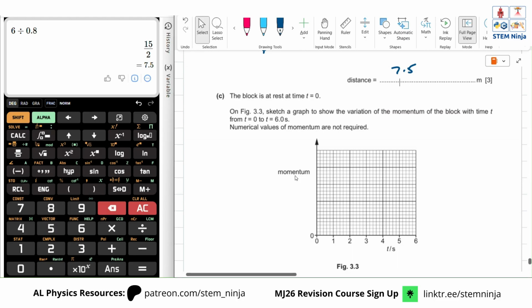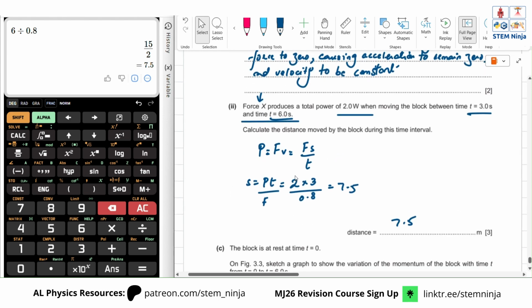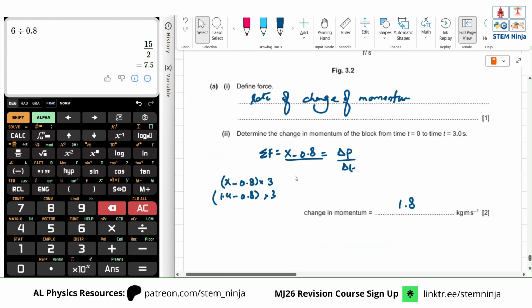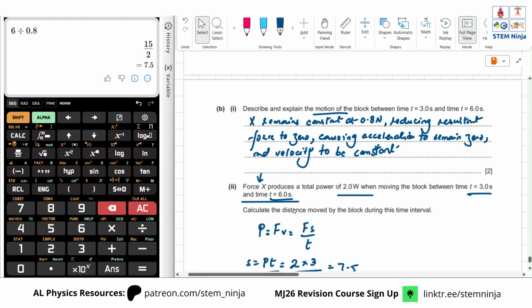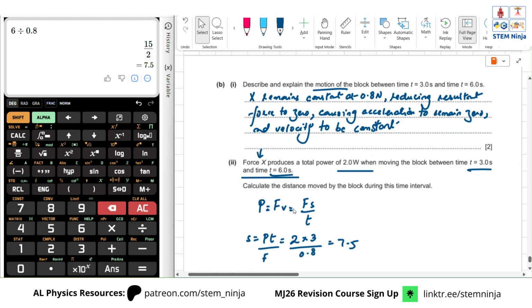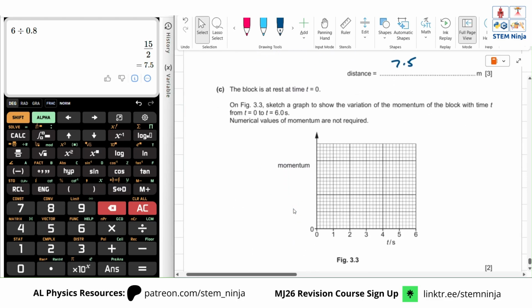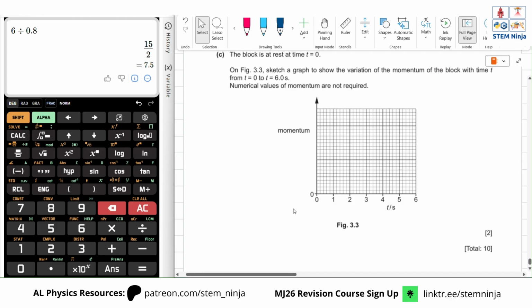Figure 3.3, sketch the graph to show the variation of momentum of the block with time t from time t is equal to 0 to 6 seconds. Numerical values of the momentum are not required. Change in momentum from t is equal to 0 to 3 seconds was 1.8, and from 3 to 6 is 0. So this is momentum, not change in momentum, not force.